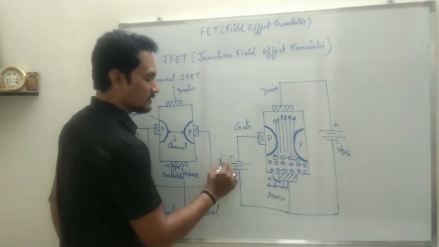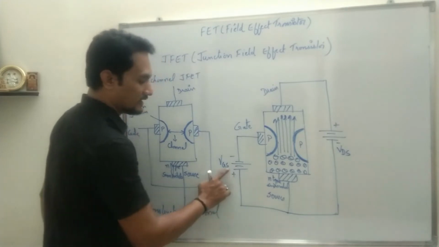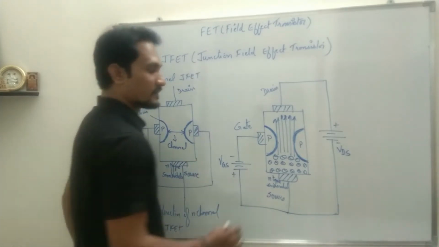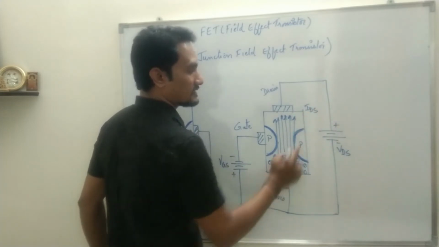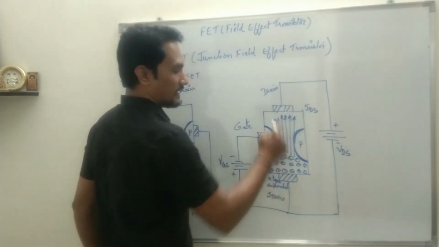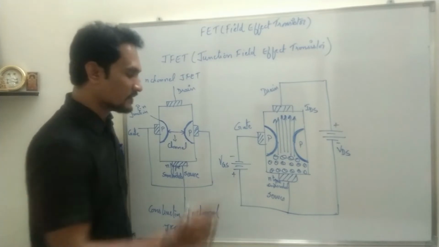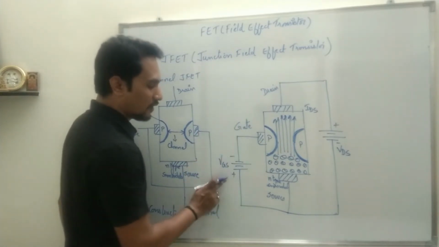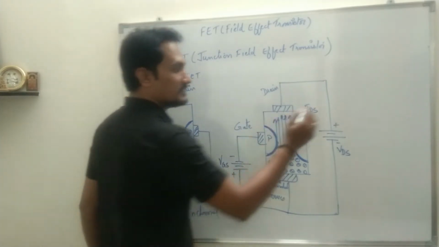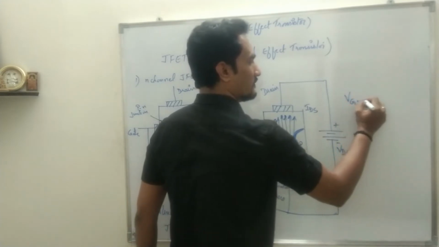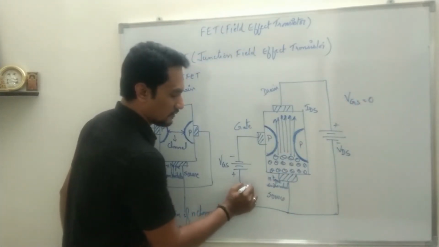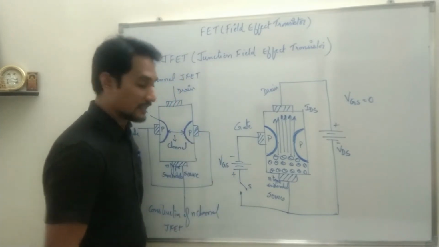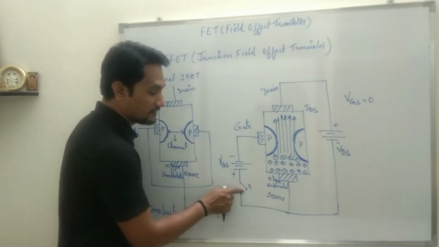So this potential is called VGS, gate to source voltage. And the current which is flowing through the circuit is called IDS, drain to source current. Now tell me what happens when VGS is 0. VGS is 0. That means suppose I apply a switch, and I've kept it open.